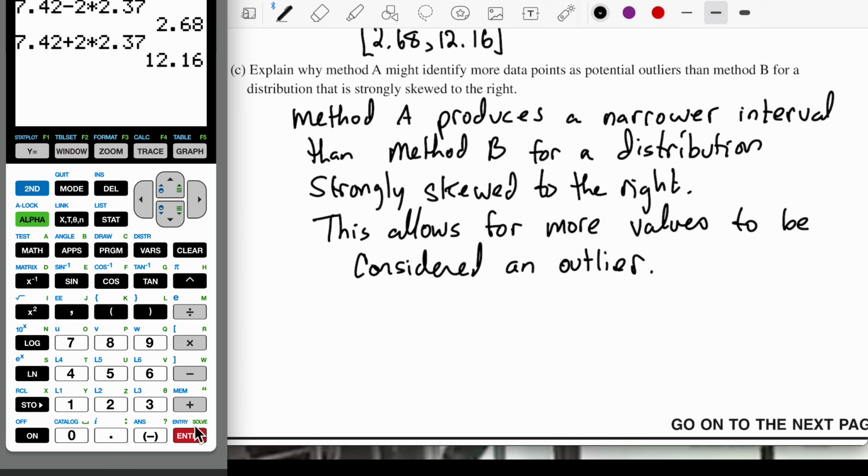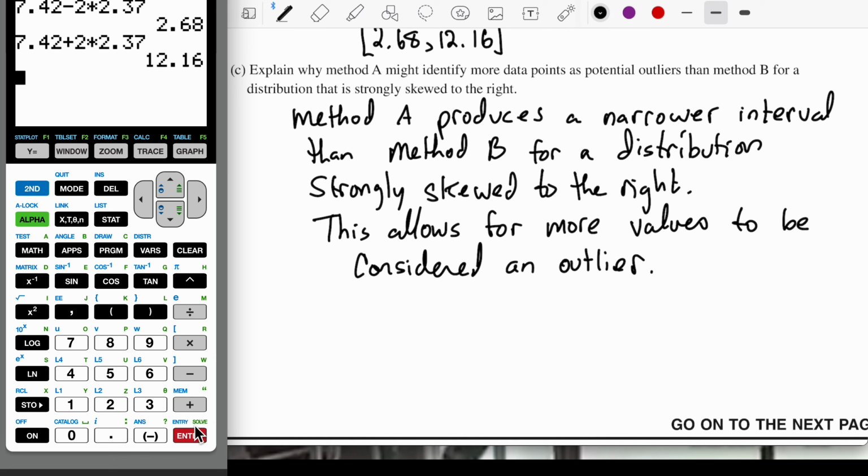Now, they only asked about skewed to the right. So we don't have to worry about what would happen if it were a normal distribution or if it were skewed left. It's just saying focus on skewed right, what's going on.